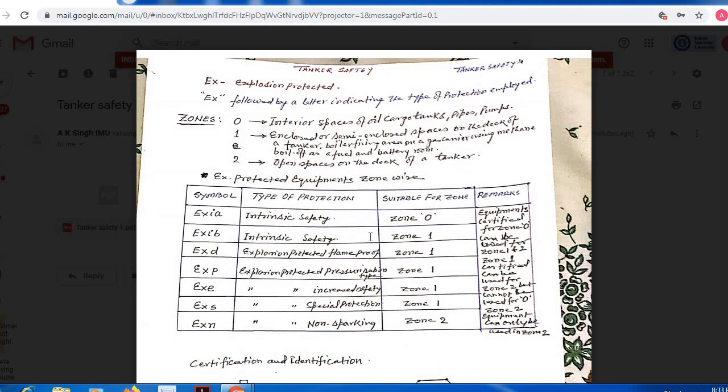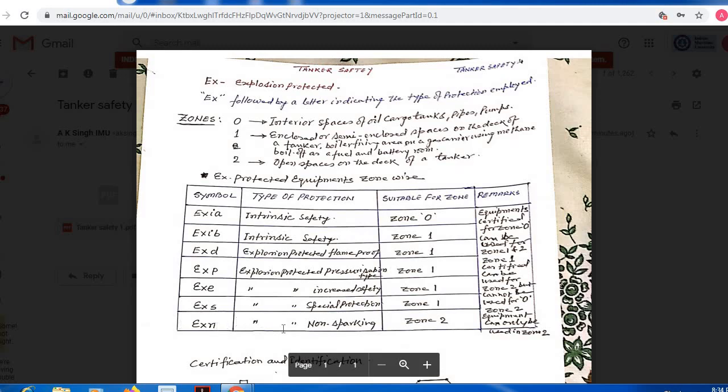So what are the EX protected equipment we can use for zone 1? These are EXIB, EXD, EXP, EXE, EXS. These are the ones we can use in zone 1. And then for zone 2 we will be using EXN. Rather, we can use any of these in zone 2.